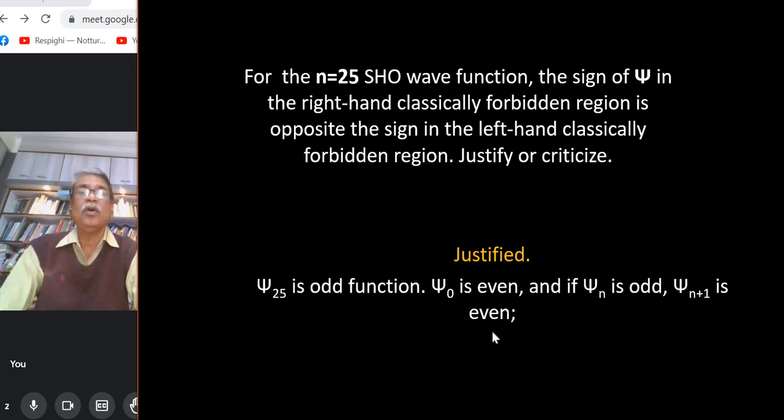If it is an odd function, then definitely the left and right symmetry would be minus of that. So it is justified that the left hand side and the right hand side would have opposite signs. It involves only the concept of odd and even, the alternate way, and psi 0 is of course even. So this much information is needed only.